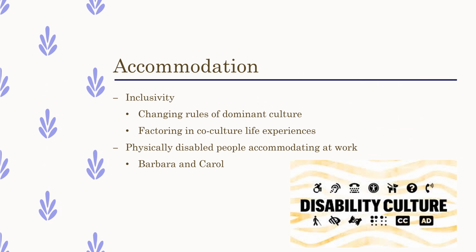M. Griffin, Andrew Ledbetter, and Glenn Sparks, authors of the book A First Look at Communication Theory, define accommodation as the co-cultural process of working to change dominant cultural rules to take the life experiences of co-cultural members into account. Here, we are going to see examples of how some physically disabled people accommodate in a work setting.